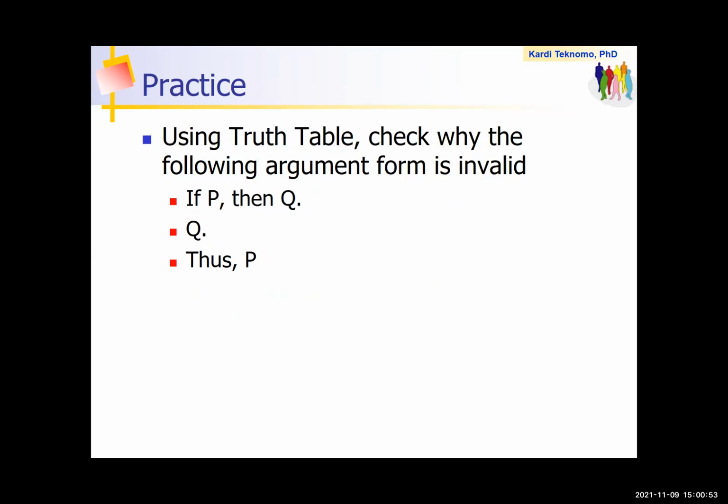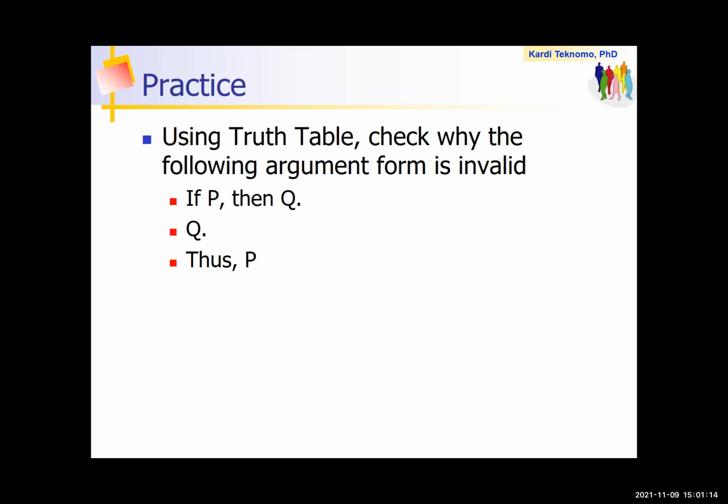If you want to check the truth value, then you put it into Excel or you can do it manually. Oh, okay. Can you check why this argument is invalid?